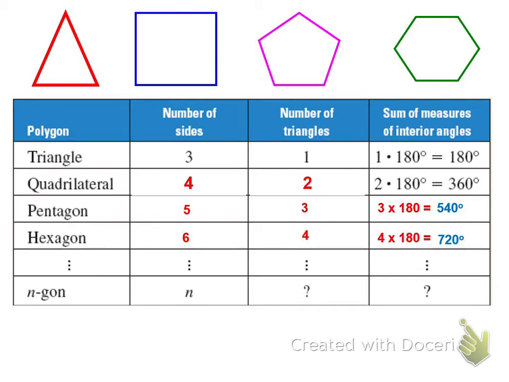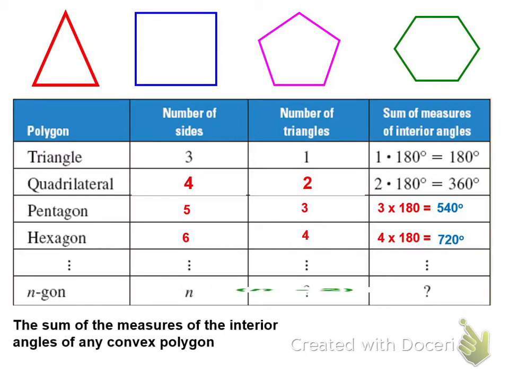What is the relationship between the number of sides and the number of triangles? Yeah, the number of triangles is 2 less than the number of sides. So n represents the number of sides. To find the number of triangles, you're going to do the number of sides minus 2.